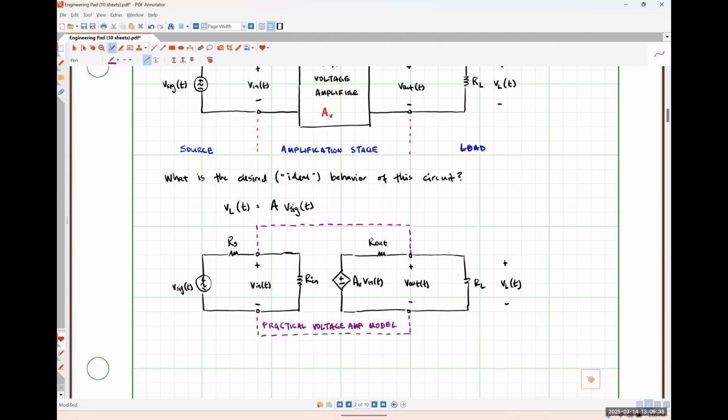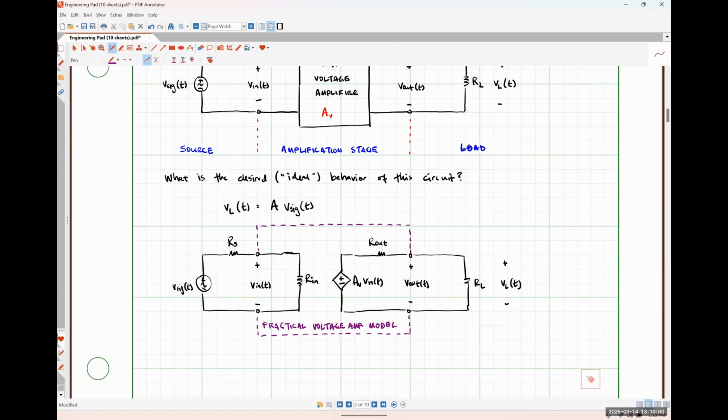So all three of those pieces of information about the behavior of the amplifier should be readily available for any amplifier that you go out and buy. Okay, so that's why it's the practical amplifier model, because it's incorporating the practical results of test measurements to consider input resistance, output resistance, and practical voltage gain. Okay.